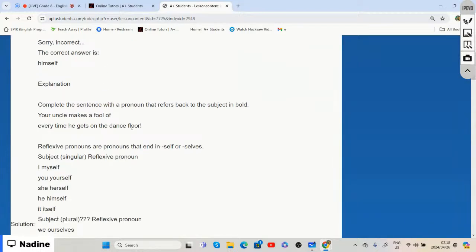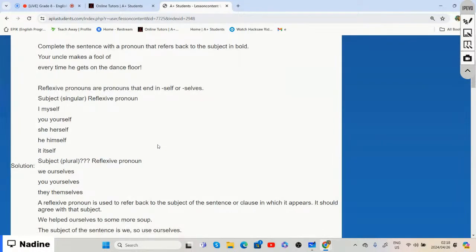And remember we said with the reflexive pronoun, it needs to refer back to the subject, right? Or the clause in which it appears. It should agree with the subject, right? And if it does not refer back to the subject or the clause, and it refers to something else or someone else, then we call that a personal pronoun.